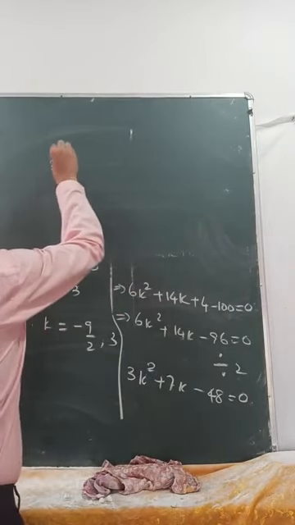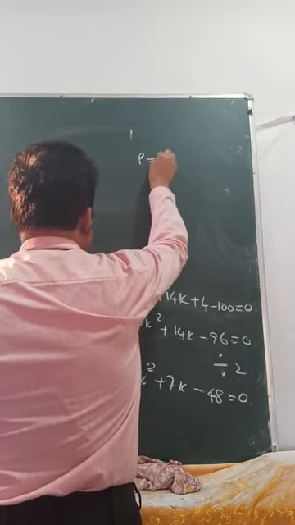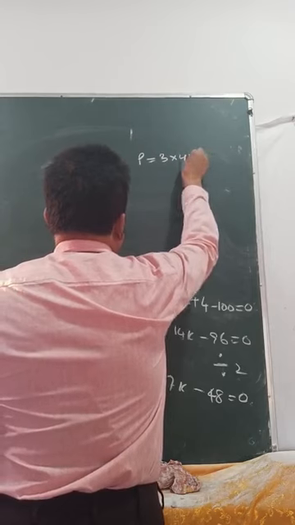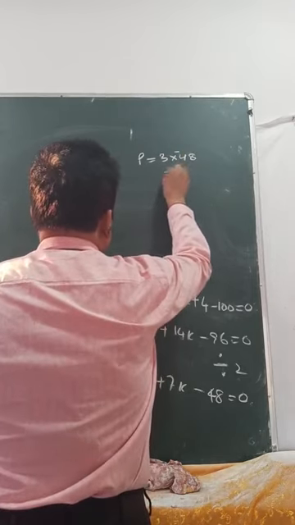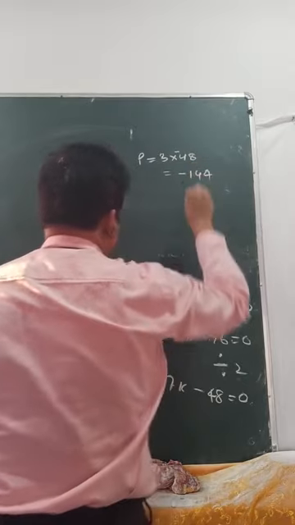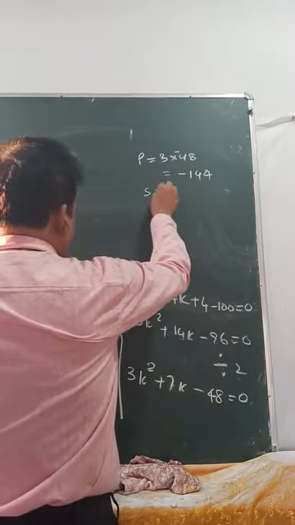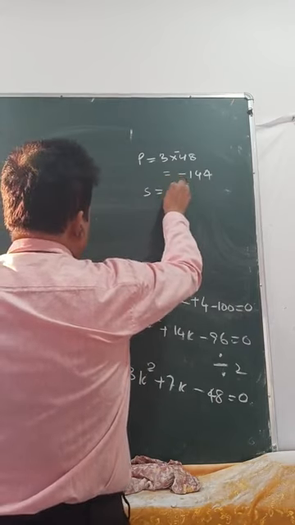3k square. What is the product? 3 into 48, minus 144. Then the sum equals 7.